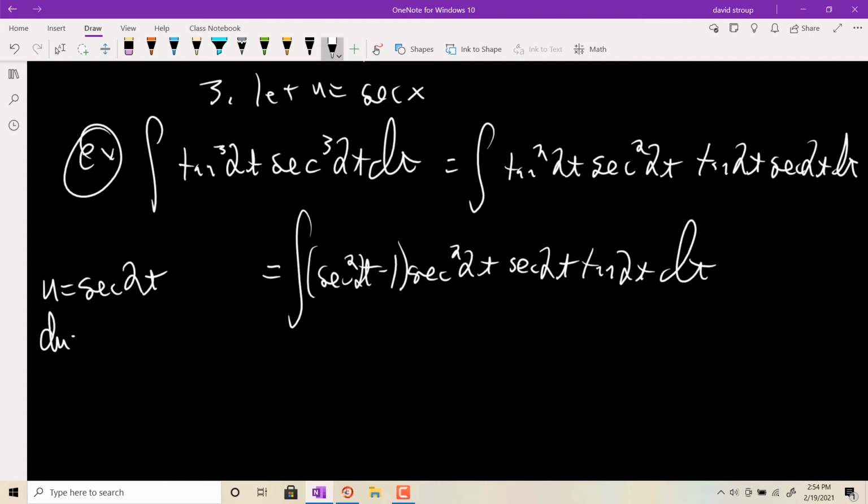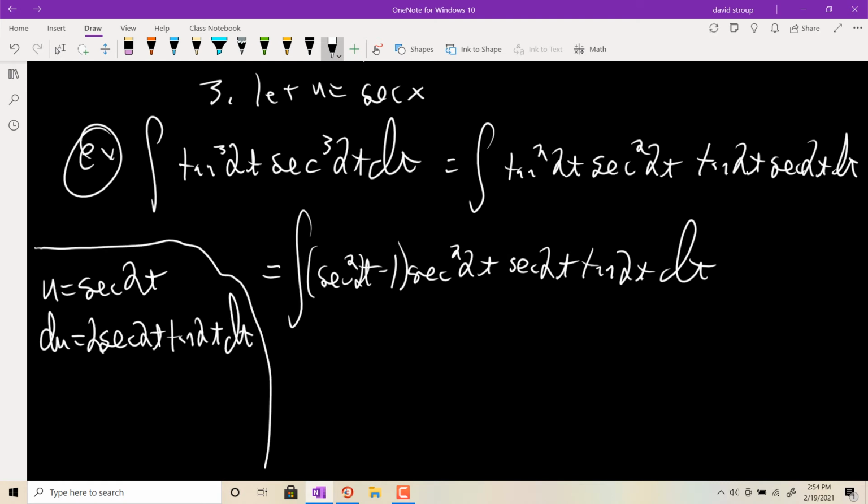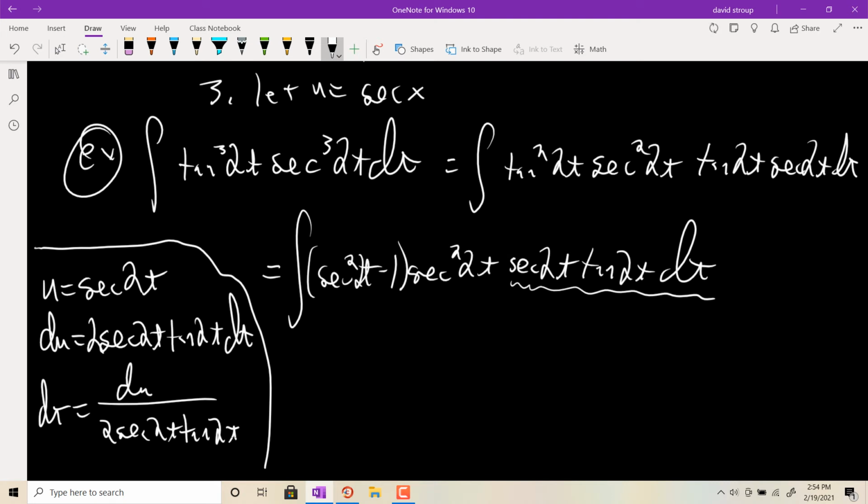And then u sub for secant 2t. We have du is secant 2t tan 2t, chain rule, there's a 2 out in front. So that's the stuff we pushed back right here. And then for dt, of course, we have du over 2 secant 2t tan 2t.